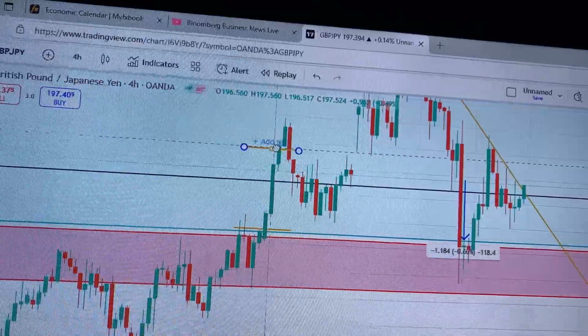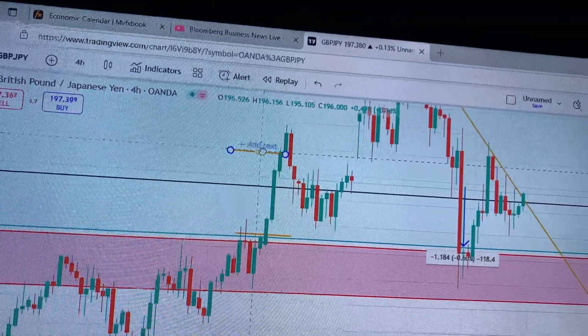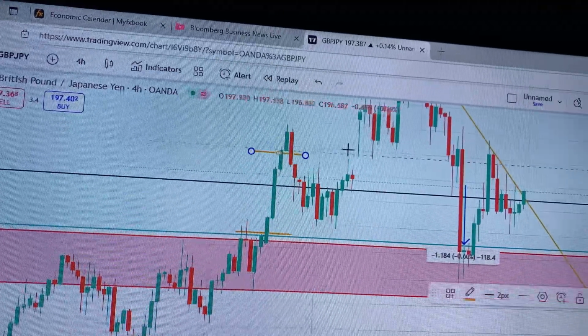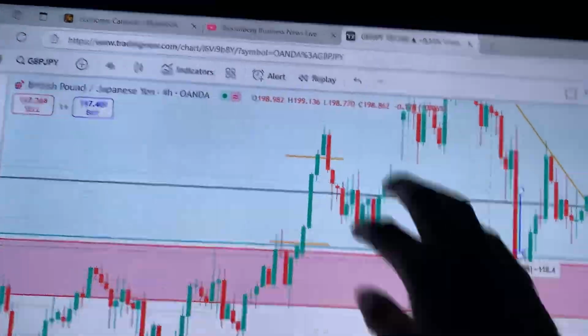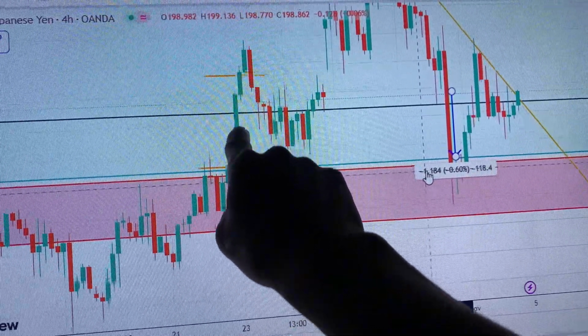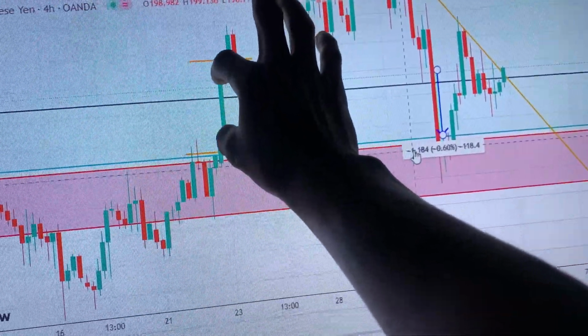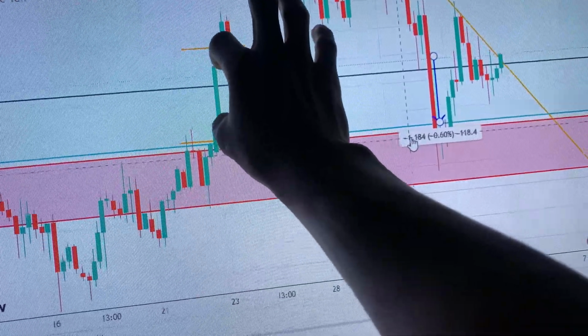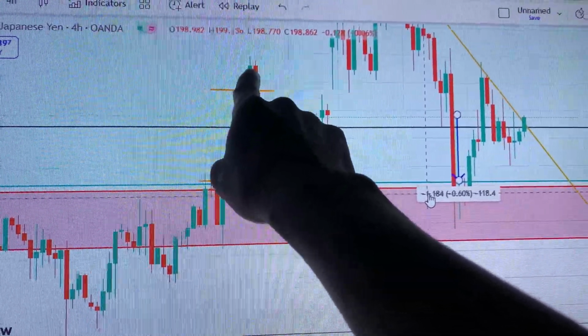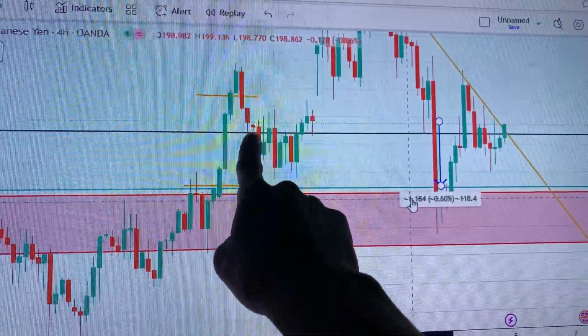In fact, from here to here, so this was even a huge fair value gap, because from here it started creating, but this particular candlestick is a whole lot of, and it's on 4 hours. So from here to here, and look at where price started retreating to cover that fair value gap.